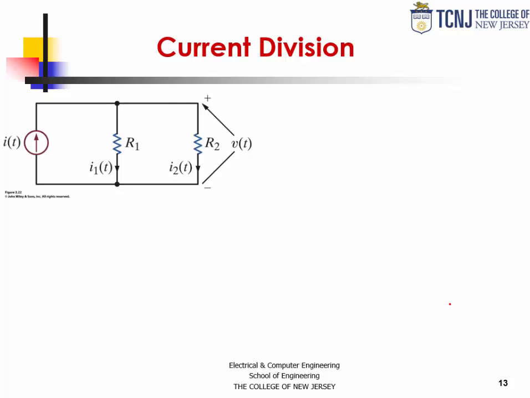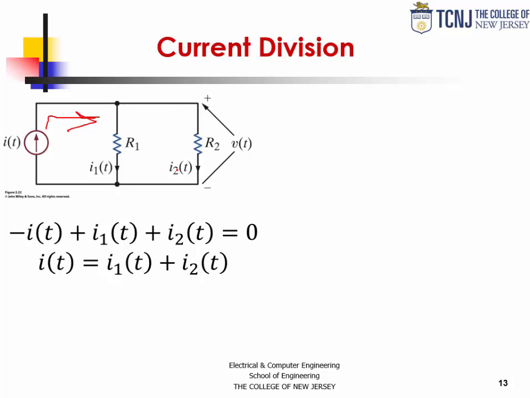In a similar fashion, we can use Kirchhoff's Current Law to derive the analysis equation for current division. If I have a current source that is forcing current into a node with two branches with a resistor in each, I can write the following equation using Kirchhoff's current law.